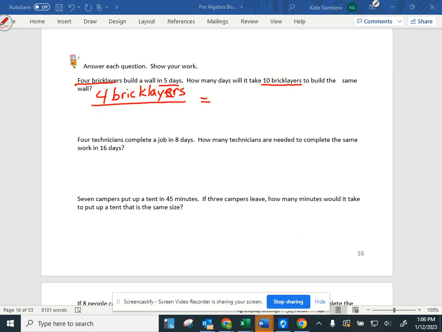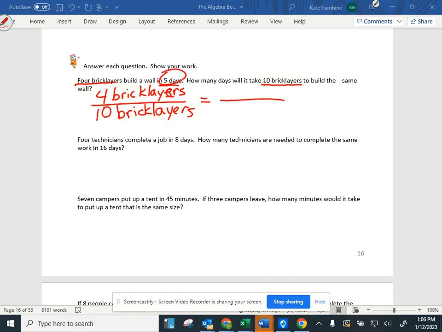I started us off with the 4 bricklayers. Where do I put the rest of our information that we know? The 10 bricklayers? Yeah, because we want to keep our labels the same. Bricklayers over bricklayers, and we know there's 10.